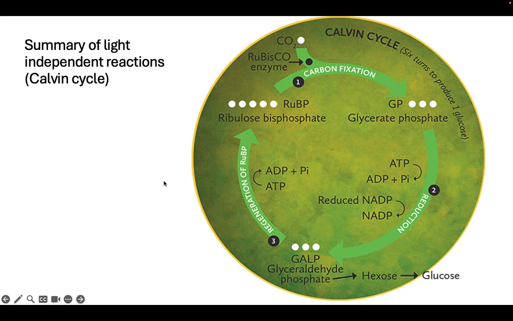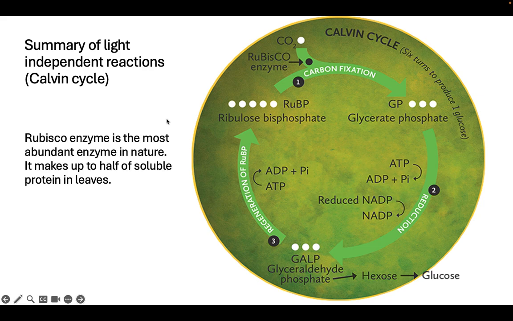Now, one interesting thing about this cycle is this enzyme, which is called rubisco. And this enzyme is the one which powers the first step of the Calvin cycle. We're going to take carbon dioxide and combine it with ribulose. And this enzyme is considered to be the most abundant enzyme in nature.